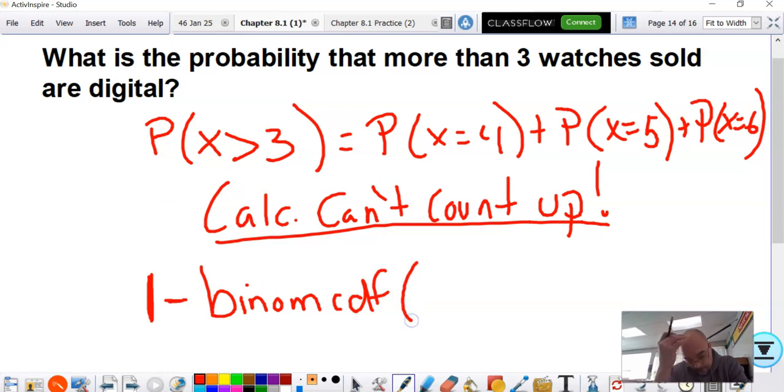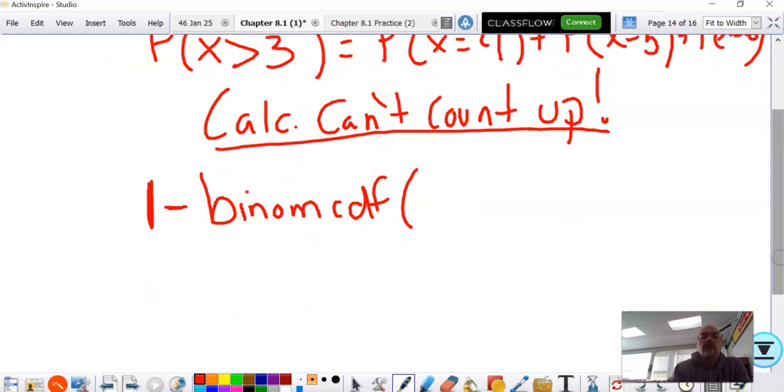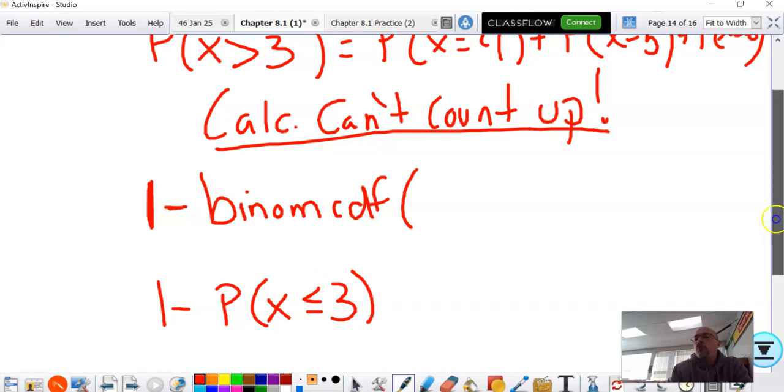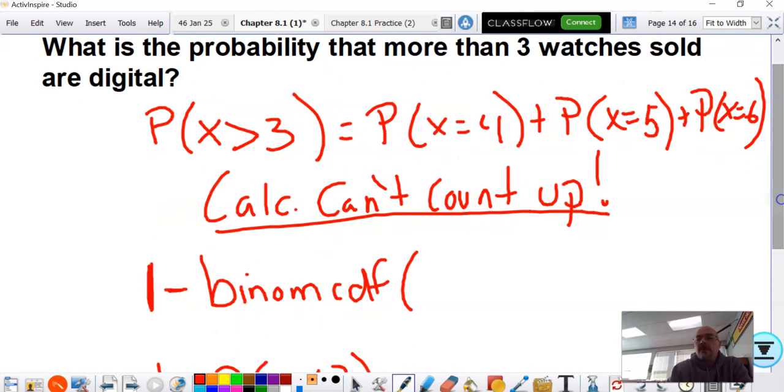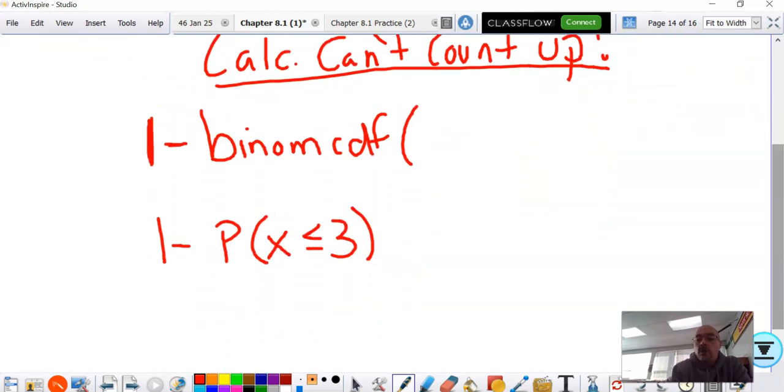Okay, the complement would be the probability that X is 1 minus the probability that X is less than or equal to 3. Okay, the opposite of more than 3 is 3 or less. So you have to include the 3 there.